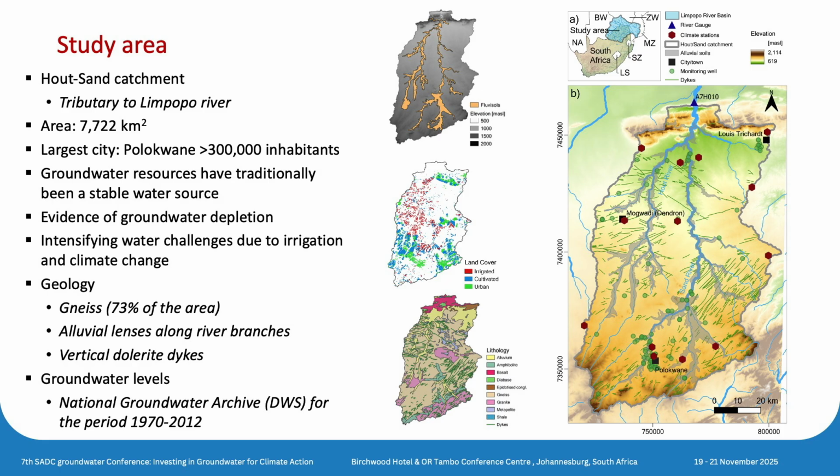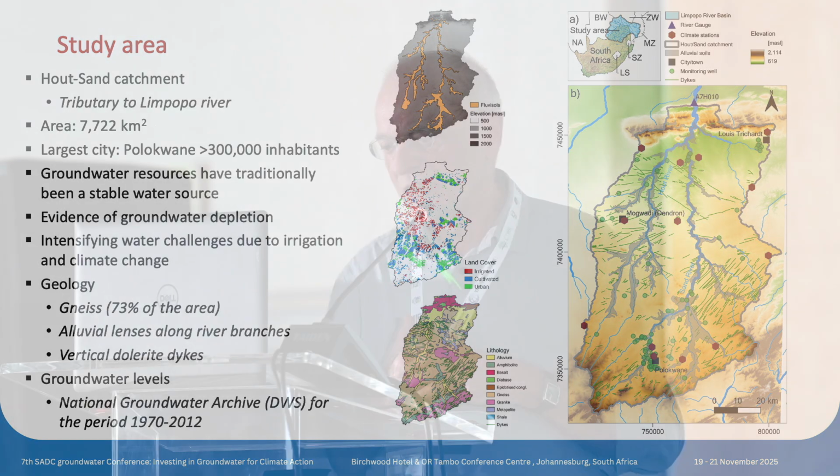Groundwater resources have traditionally been the water source in this area, mostly for irrigation. But due to increased irrigation and population, more stress is being imposed on the groundwater resources, and that is one of the motivations for us to look into this.